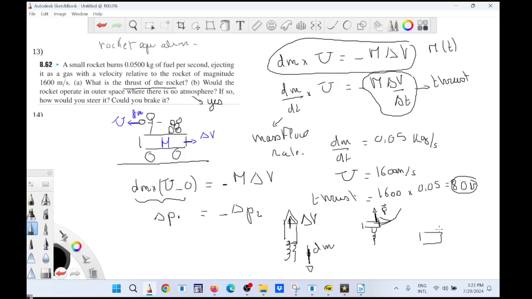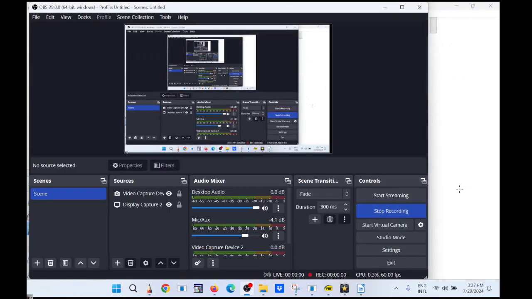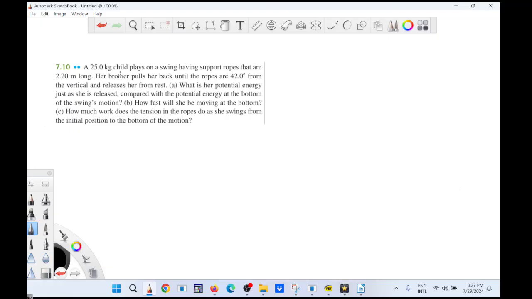If the rocket is going this way and you want to brake, to slow down, you have to throw gas here in the same direction as delta V, and it's going to slow down. The speed is going to decrease, stop, and maybe reverse.